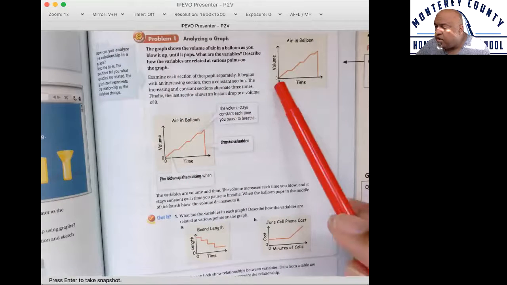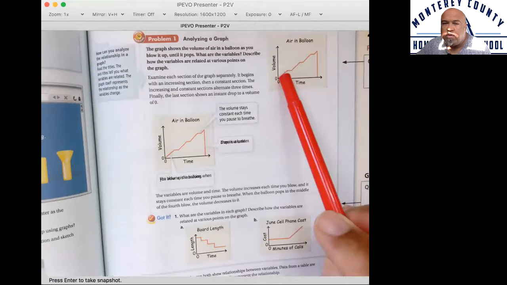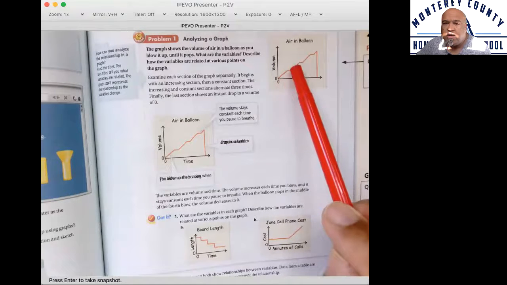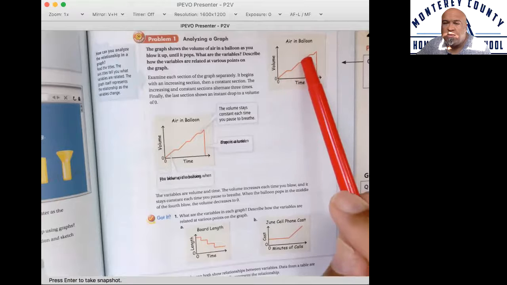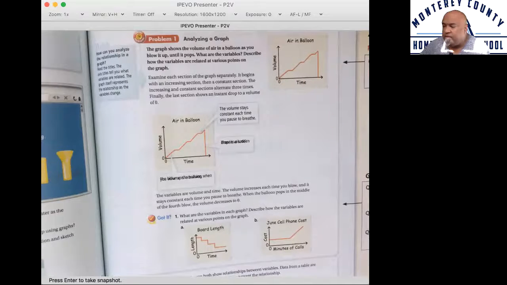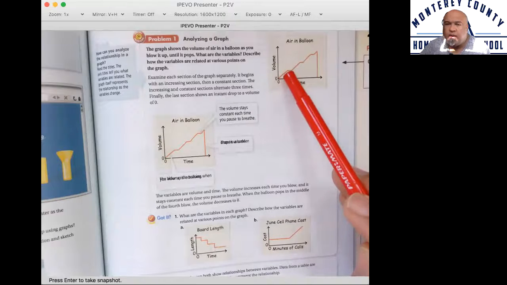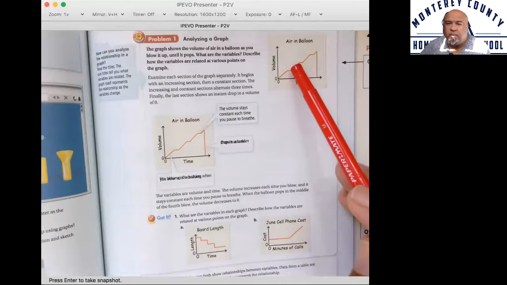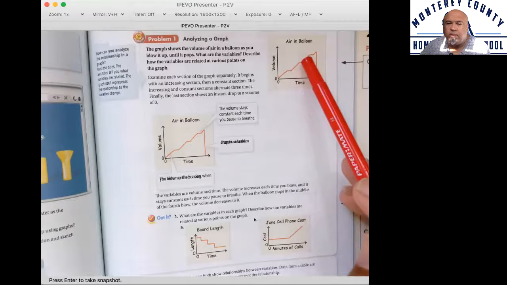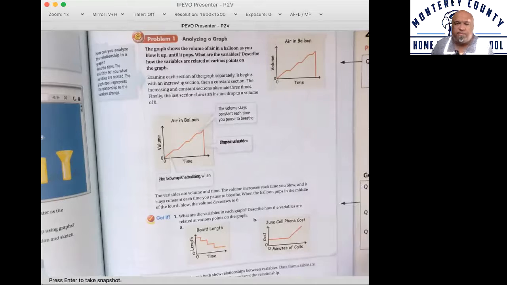Now, as you can see, volume would be going up, and in this case, the balloon goes up, flat, up, flat, up, flat, up, and then down really fast. Now, if you look at it, the person blows in, stops to take a breath, blows in, stops to take a breath, blows in, stops to take a breath, starts blowing, and the balloon pops, and all the air comes out.